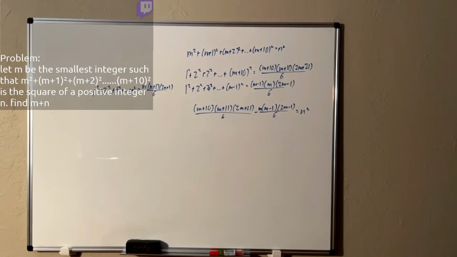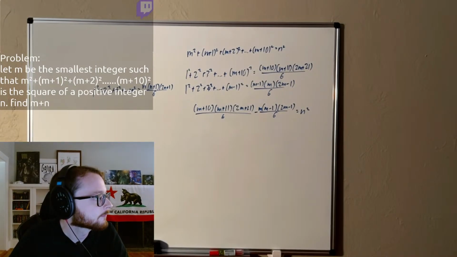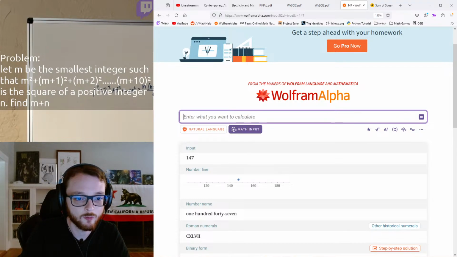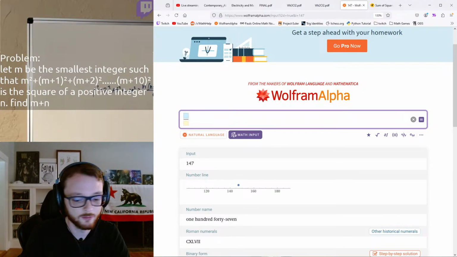Oh shoot, and the problem text is covering up the identity that I wrote. I'm going to quickly use Wolfram to see if my idea will even go anywhere, because I don't want to multiply this all out just to realize it's not going to work.